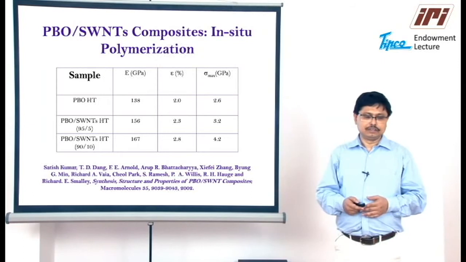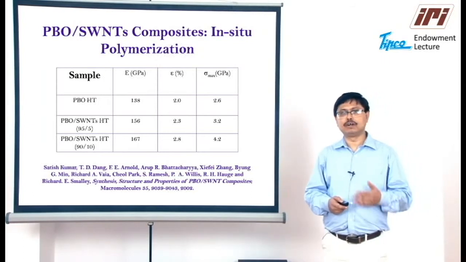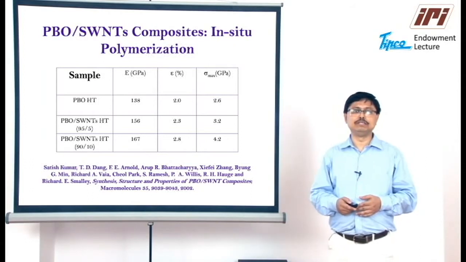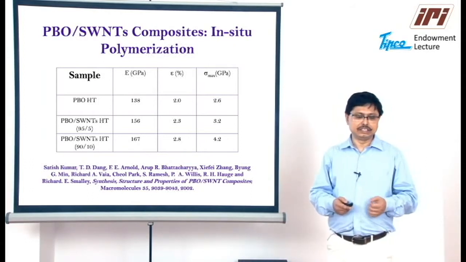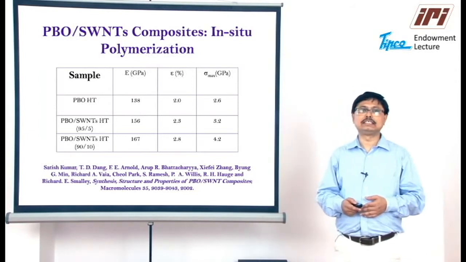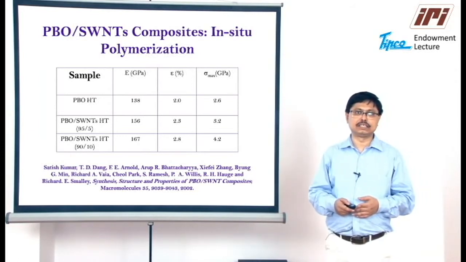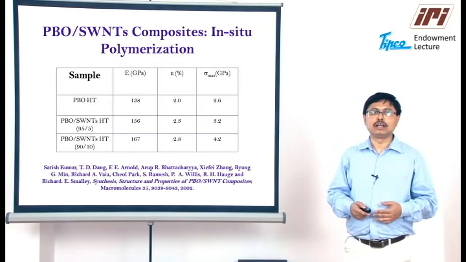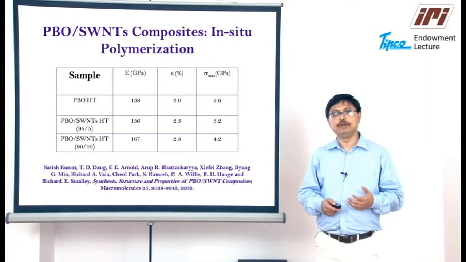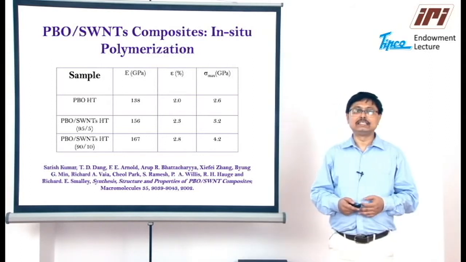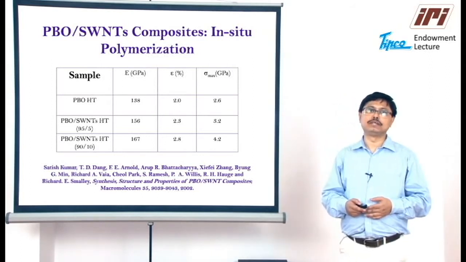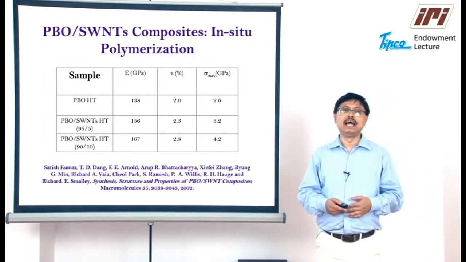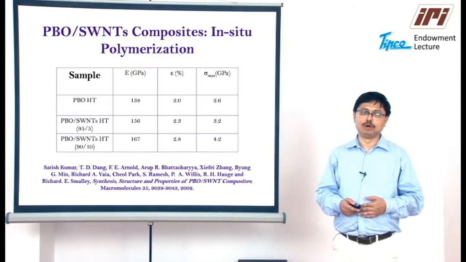The liquid crystalline fiber of PBO, poly(p-phenylene benzobisoxazole), which is a heat treated fiber, shows a tensile strength of 2.6 gigapascal, and the PBO fiber incorporated with 10% single wall carbon nanotubes showed a tensile strength of 4.2 gigapascal, which is almost 60% improvement in tensile strength along with an increase in tensile modulus.